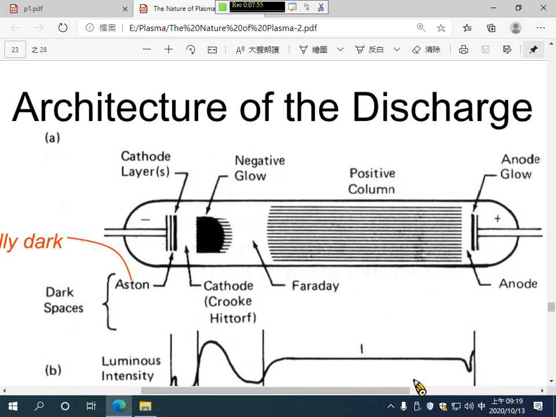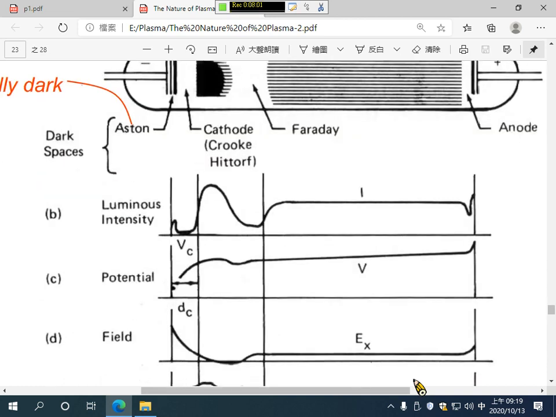When they travel across this region, they still experience a strong electrical field, so the electrons get energy from the electrical field as they travel across the cathode layer, across this layer, D sub C. So when the electrons come to the edge of the negative glow, they have very high energy.